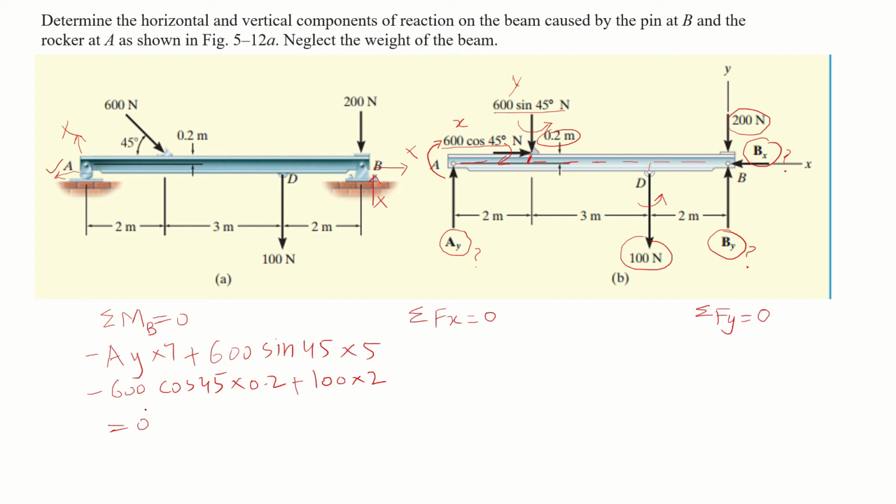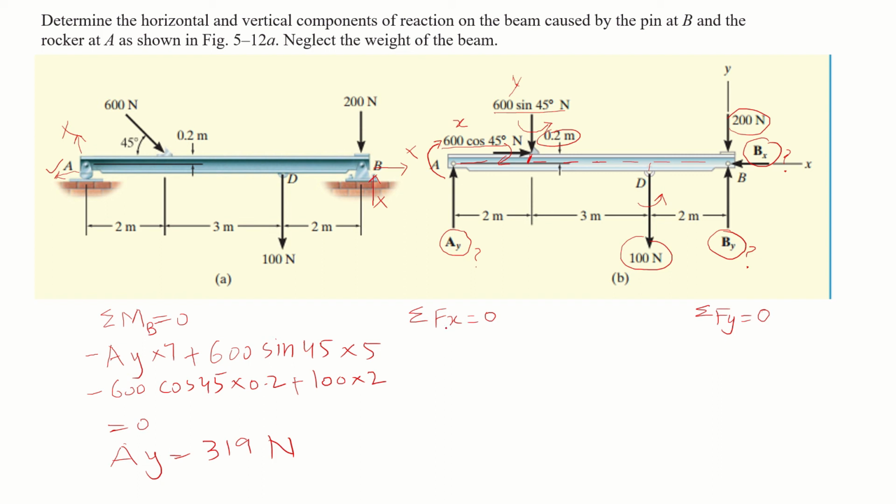From this equation we know that there is only one unknown, that is Ay, and we will get the answer of Ay, which is equal to 319 Newton. So we have our first answer.